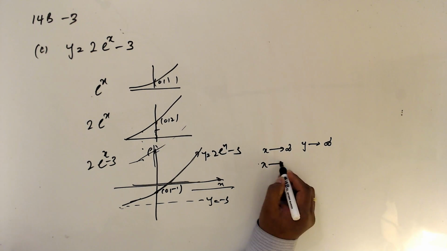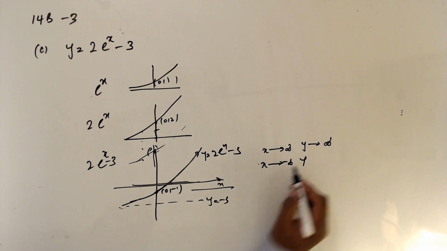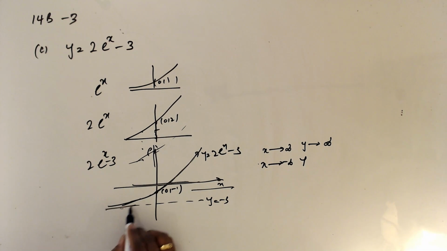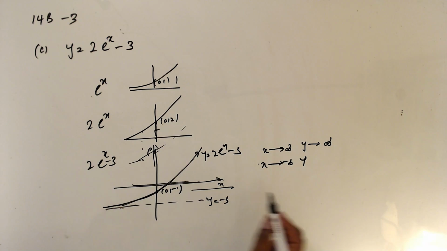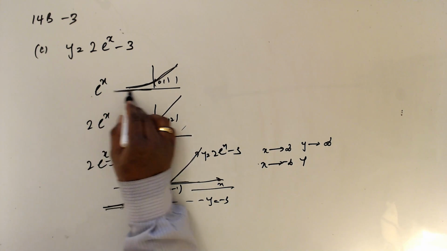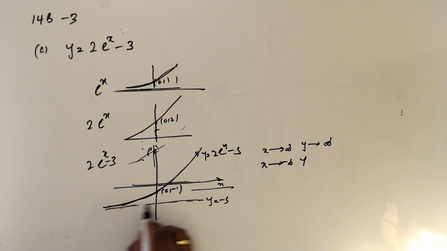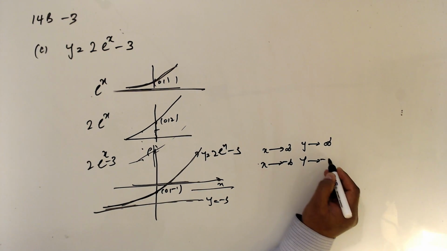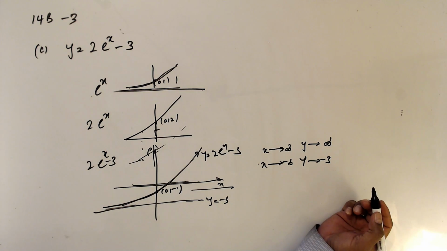And when x goes to negative infinity, y goes to where? y goes to minus 3. Here x goes to negative, y goes to the 0 line, that is the asymptote. Now the asymptote is y equals minus 3.